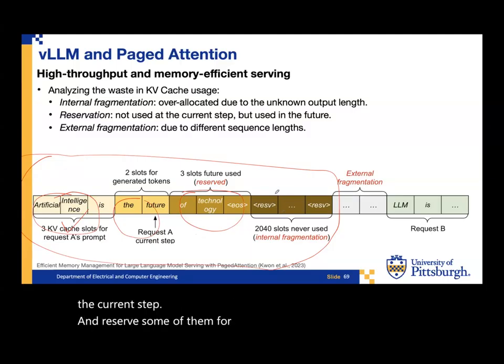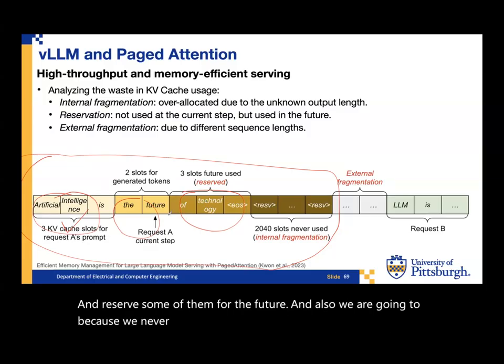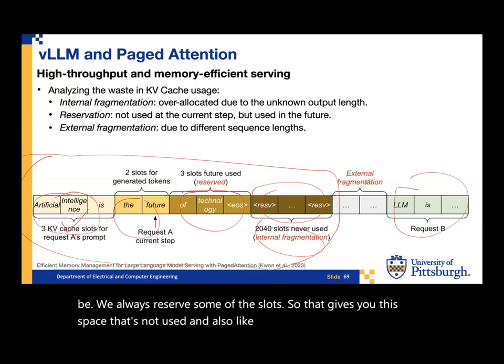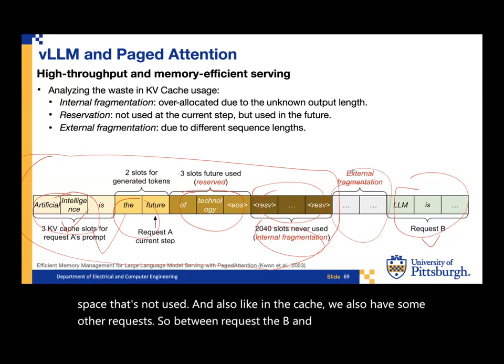Because we never know how long this is going to be, we always reserve some of the slots, so that gives you this space that's not used. And also in the cache we have some other requests. So between request B and request A, you also have this fragmented memory.